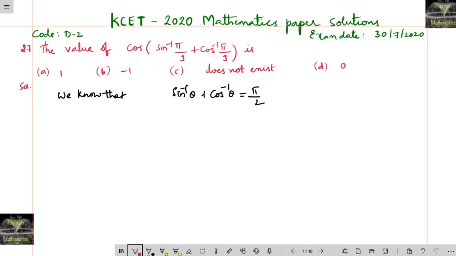So we can write cos of (sin inverse pi by 3 plus cos inverse pi by 3), which is equal to cos of pi by 2. What is cos pi by 2? Cos 90 is 0. And hence we can give the answer as option D. Next question.